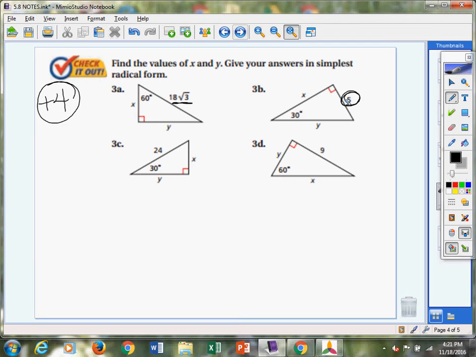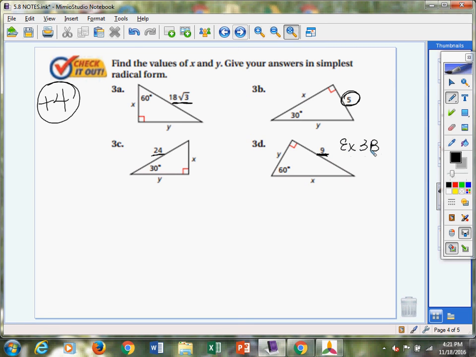And then 3C is like the one above it. It gave you the hypotenuse. You got to work your way backwards. And then 3D is like the one I just showed you. They're giving you the medium leg, and then you got to find the short leg and the hypotenuse, so this one's going to be just like example 3B.